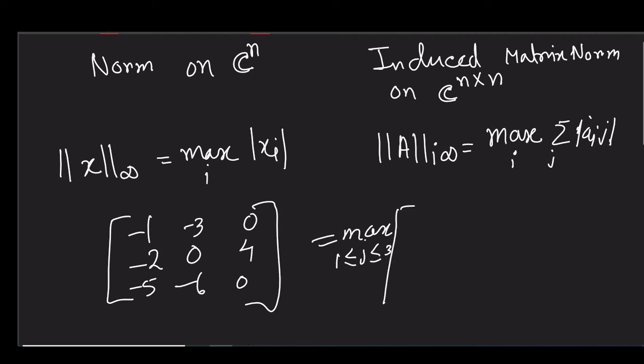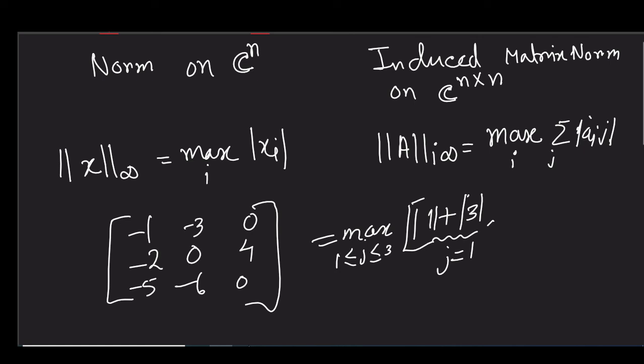So what are the row sums you will have? For the first row, it will be mod 1 plus mod 3, since you are considering max, the whole thing boils down to this.